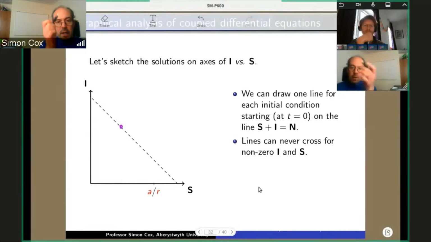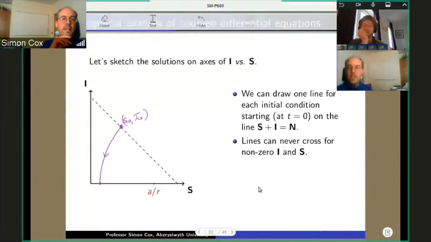So what do we know? Here we know that for my initial condition, S naught, I naught, S naught is less than A over R. That means that I is decreasing, and we also know that S is decreasing. So I can draw a line that does that in time.